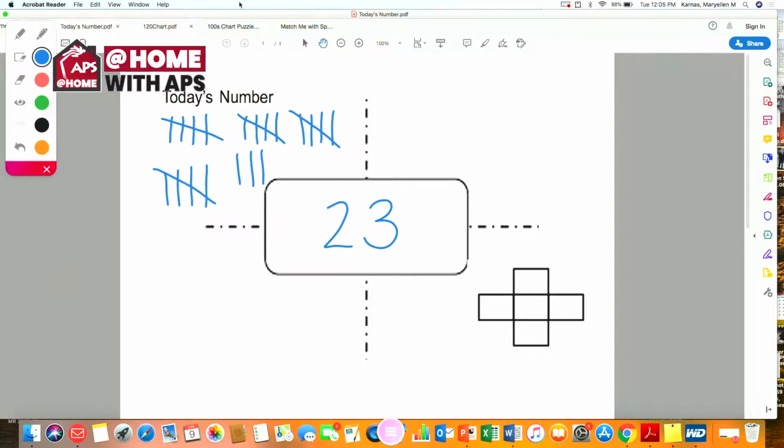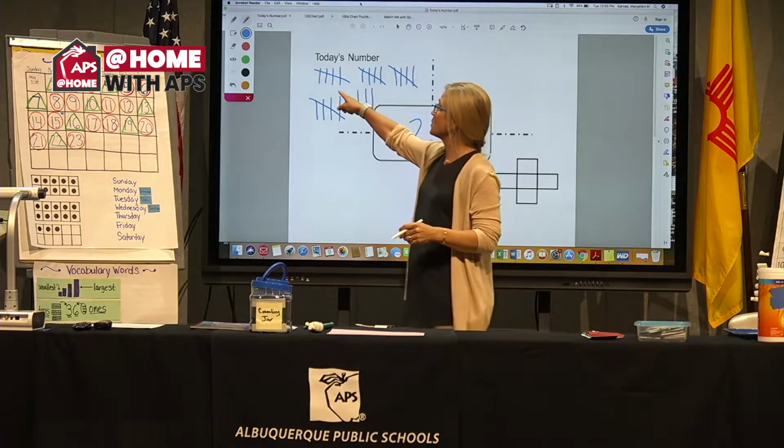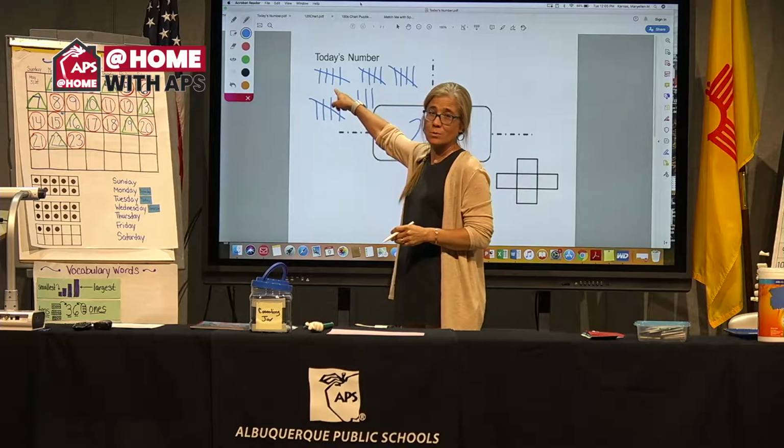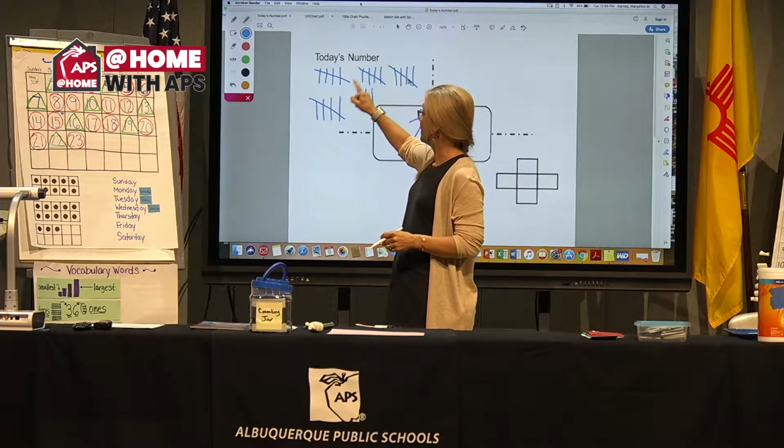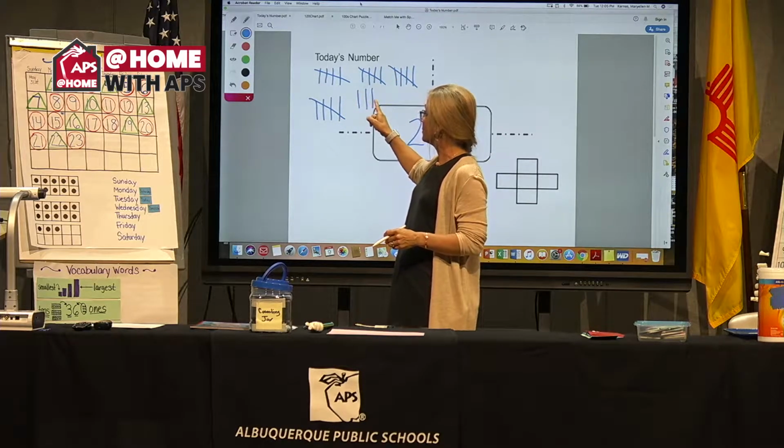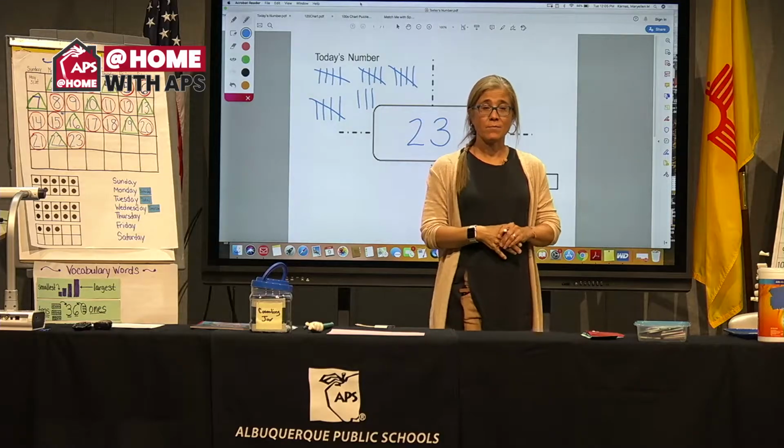So we showed it in tally marks yesterday, and each of these groups, what is the amount in each of those groups? Do you remember? 5. So we could also count it 5, 10, 15, 20, 21, 22, 23 for our number of the day.